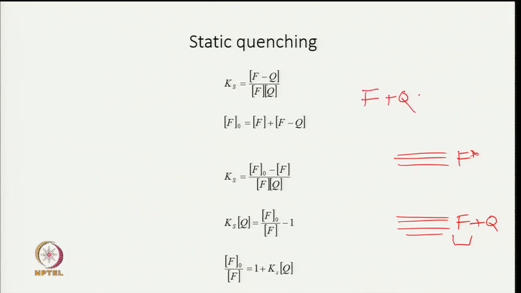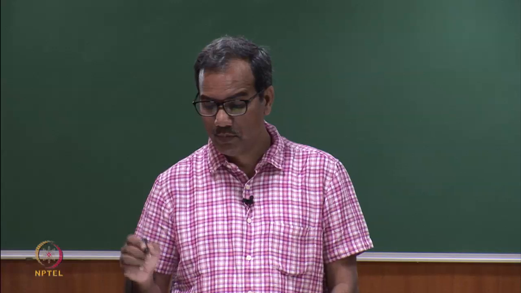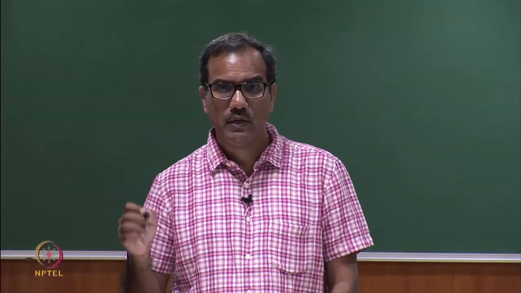Here the reaction is between F and Q to give you FQ, and that is different from dynamic or collisional quenching, where the reaction takes place between F star plus Q to give F plus Q, with energy transferred between F and Q. In static quenching, the excited state is not involved, it is the ground state which is involved in complex formation with a quencher.